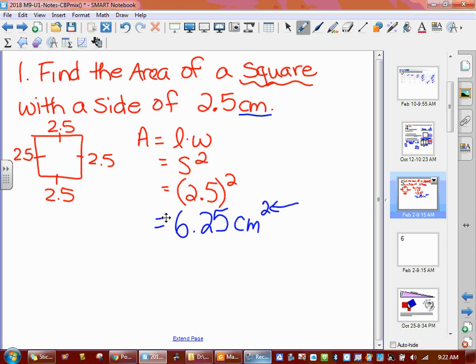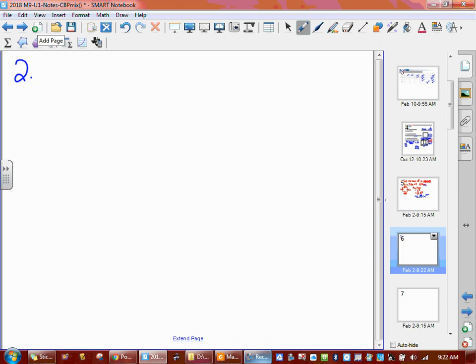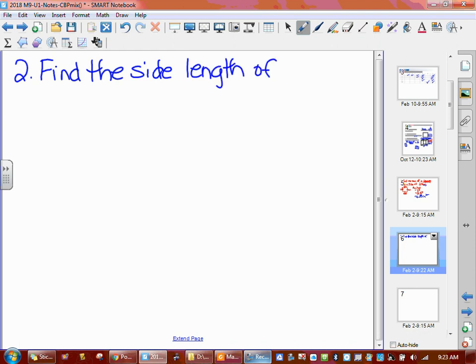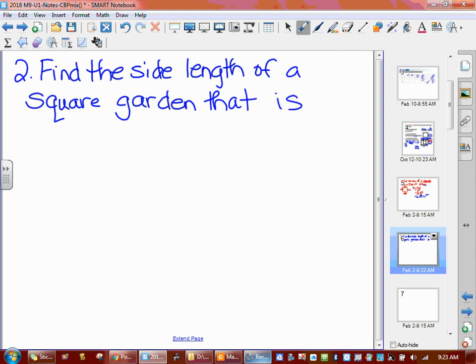So, example 2 is going to be find the side length of a square garden that is, let's go with 3.24 meters squared.